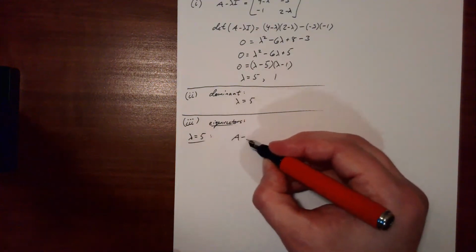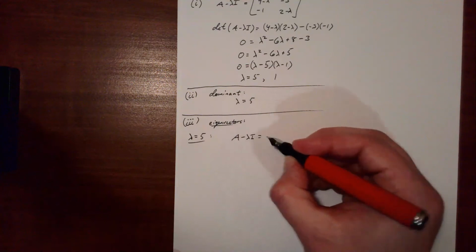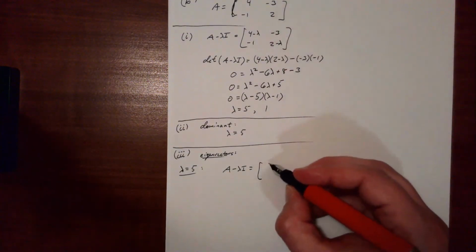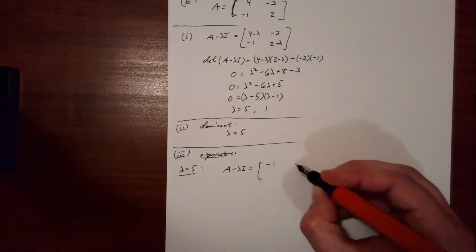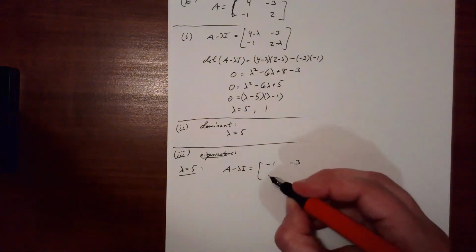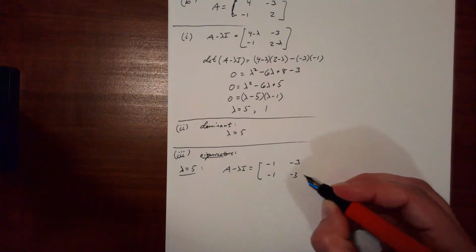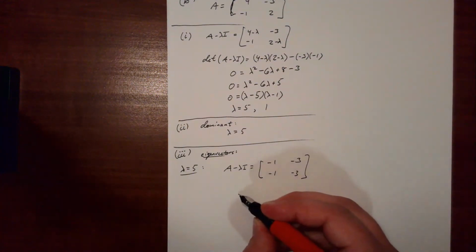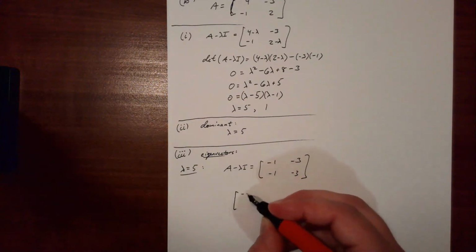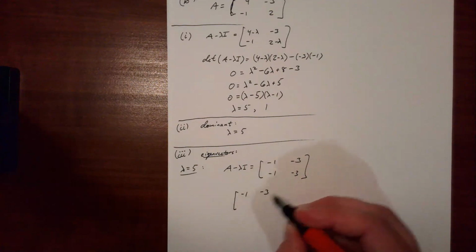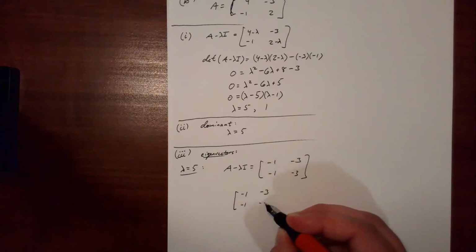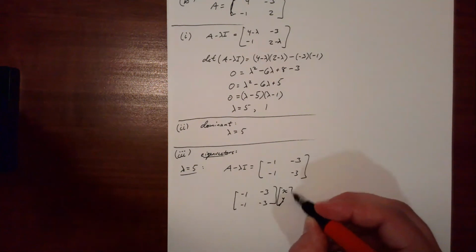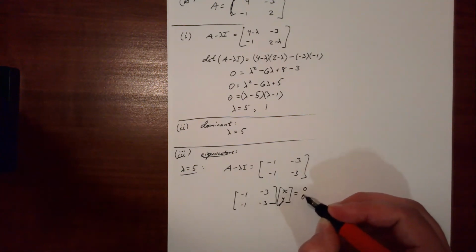So then A minus lambda I. So we can just look up here, put in 5 for lambda. We'll have -1, -3, -1, -3. And so what we're going to have then is -1, -3, -1, -3 times a mystery combination of x's and y's, make 0, 0.